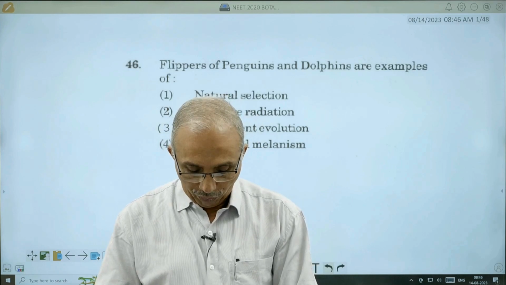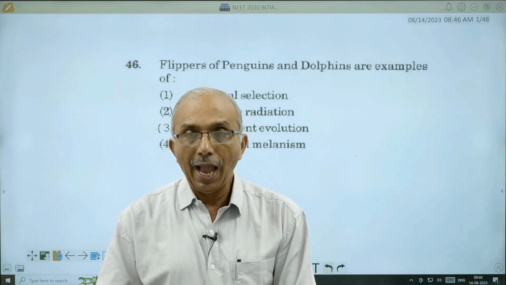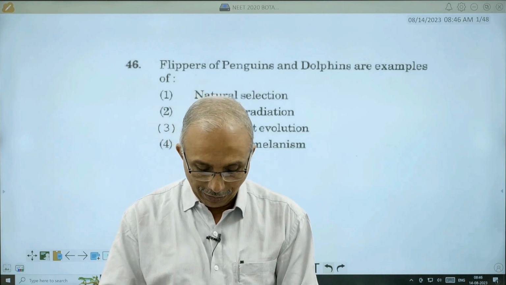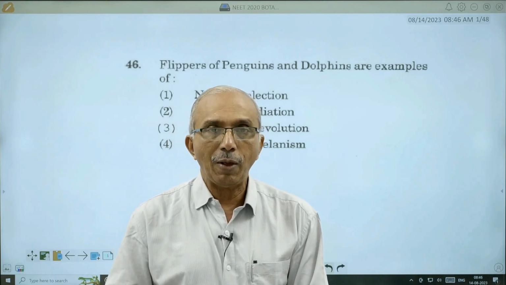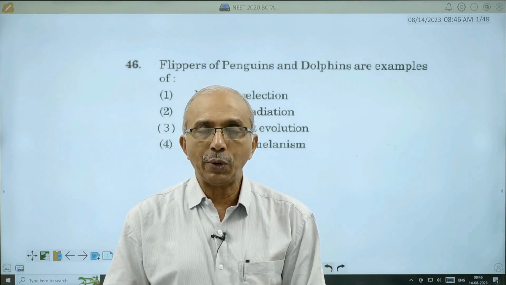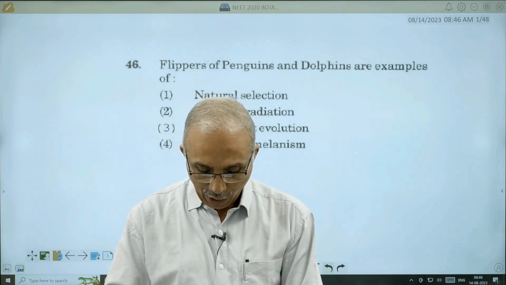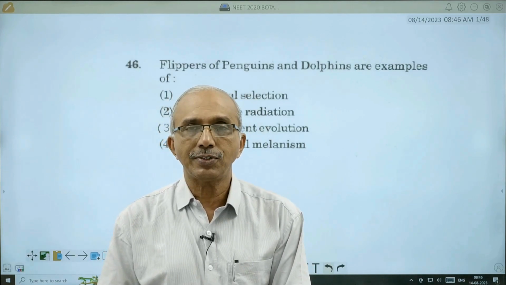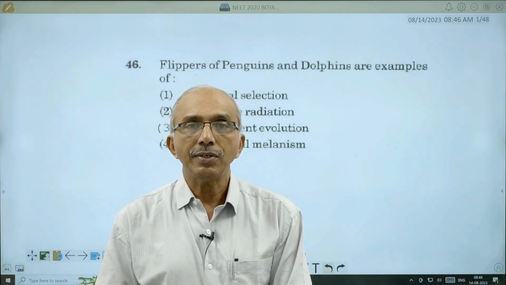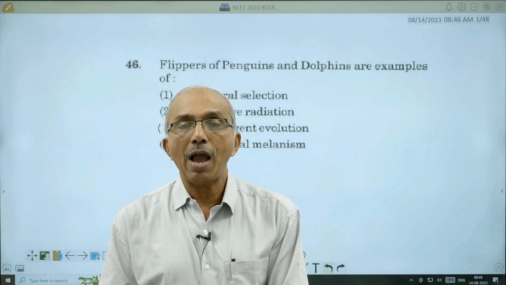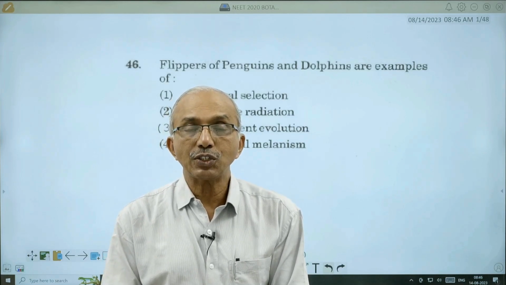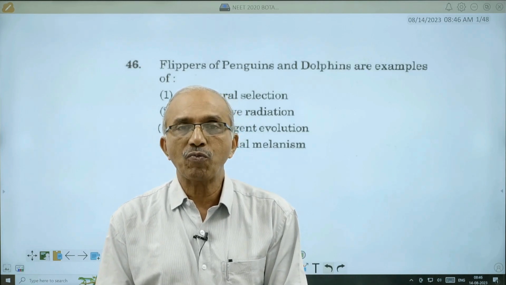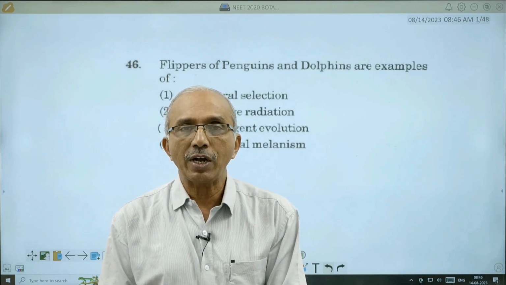Flippers of penguins and dolphins are examples of analogous organs, that is, organs having different structural organization but performing the same function.